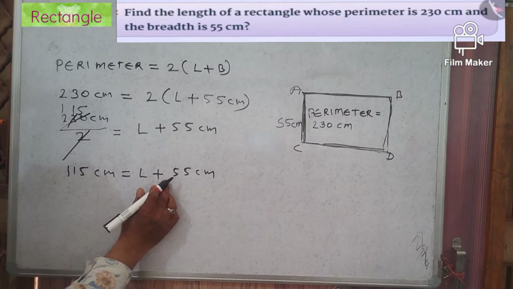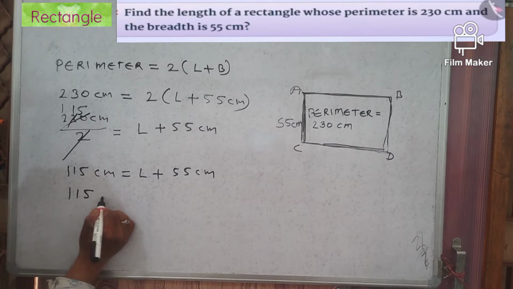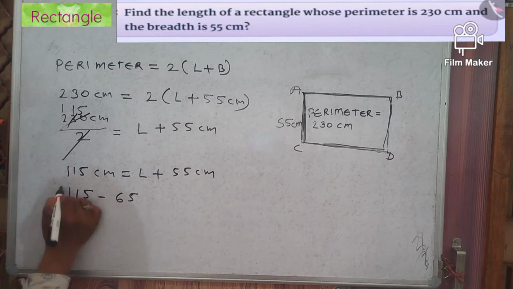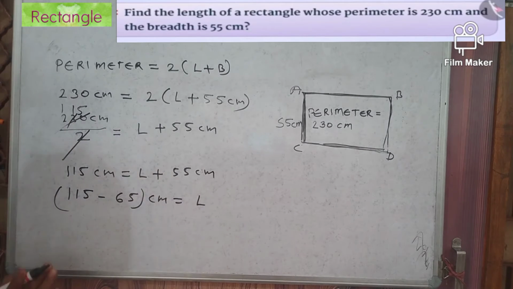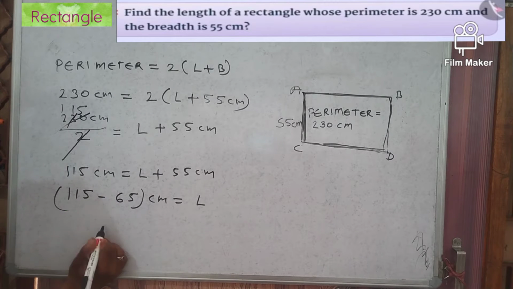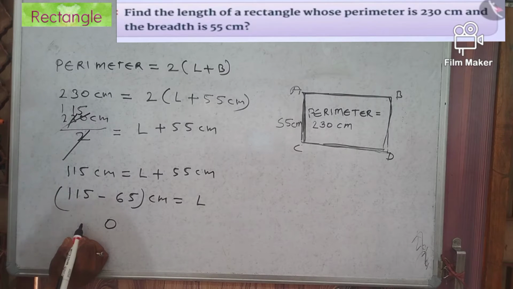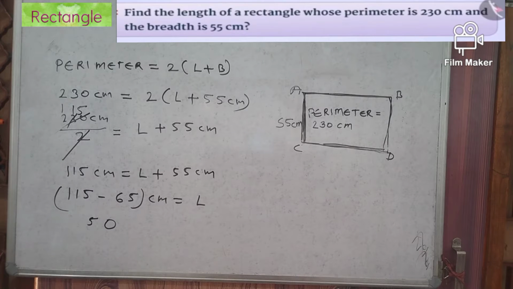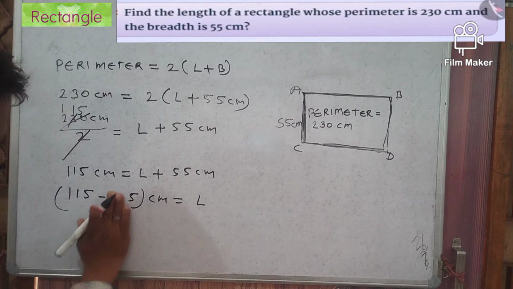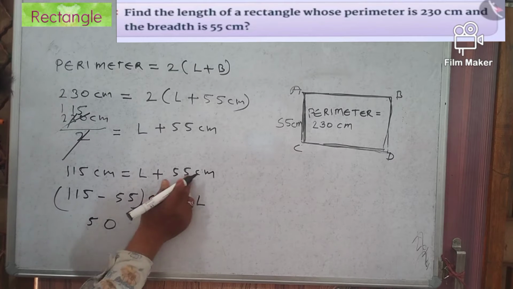So this is a plus, it will become minus 55 centimeter is equal to L. Sorry, it will be 55 centimeter, because this is a plus here.